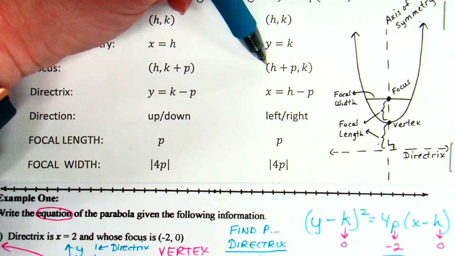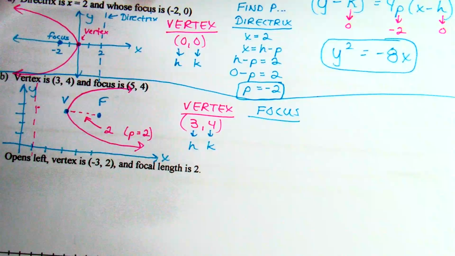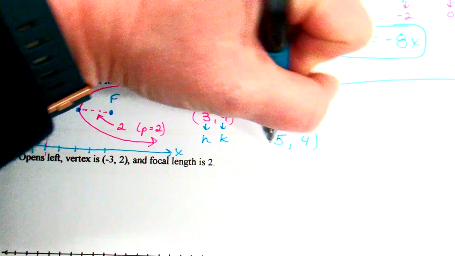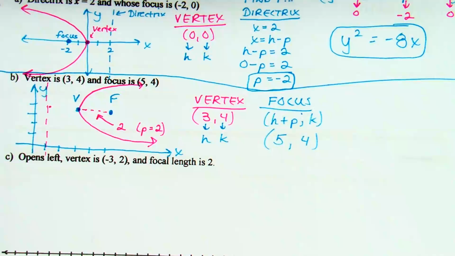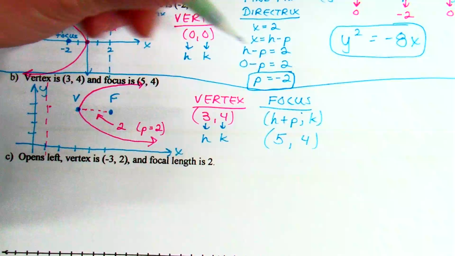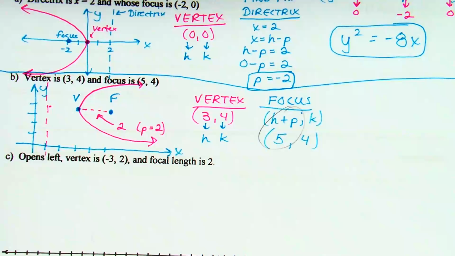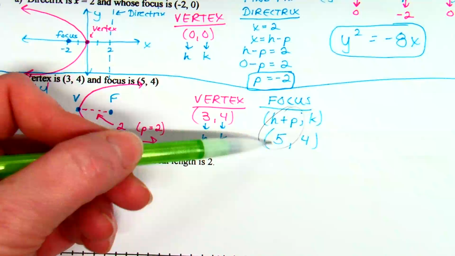Okay, so here's how you could use this. The formula for my focus is (H plus P, K). What's my ordered pair for my focus on this problem? (5, 4). You see where I'm going with this? We already know K is 4, don't we? But now you know that H plus P is the same as 5.